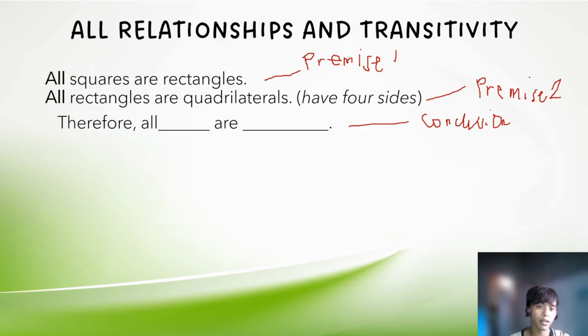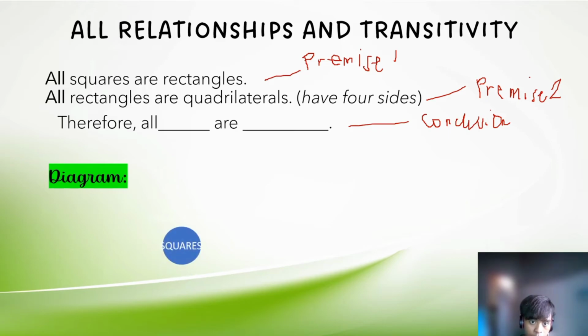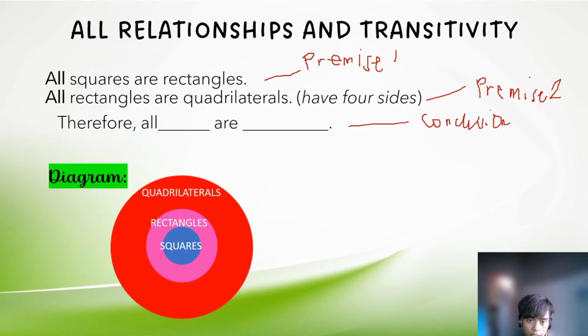Okay, what we will do next is to determine whether the argument is valid or invalid by using a Euler diagram. First of all, we need to see the first premise: all squares are rectangles. So the set of squares are rectangles, and the rectangles are quadrilaterals.